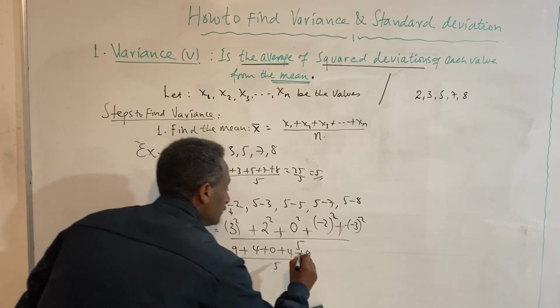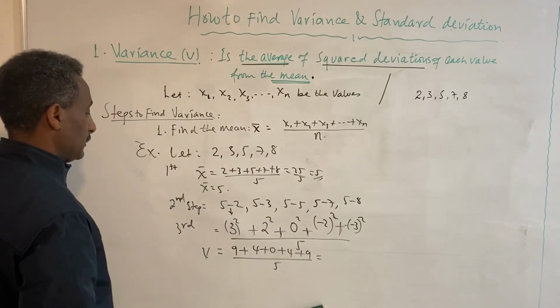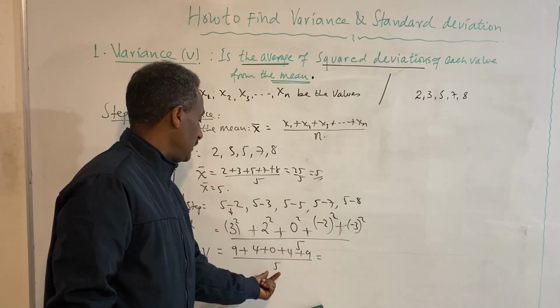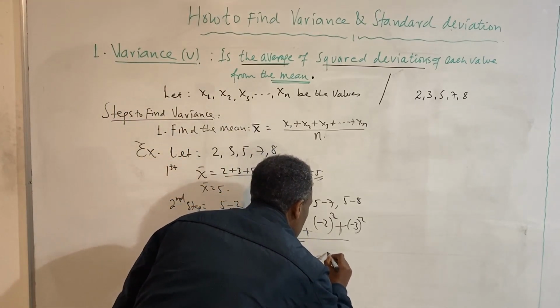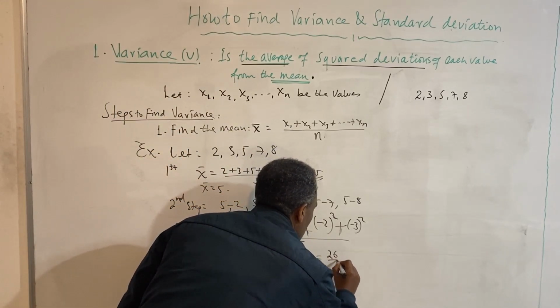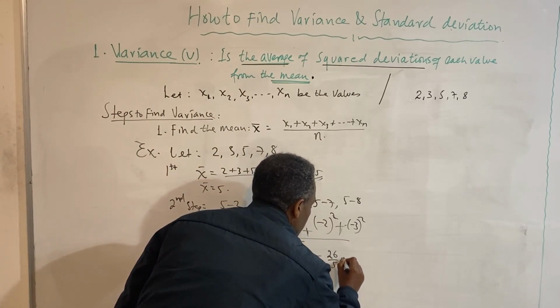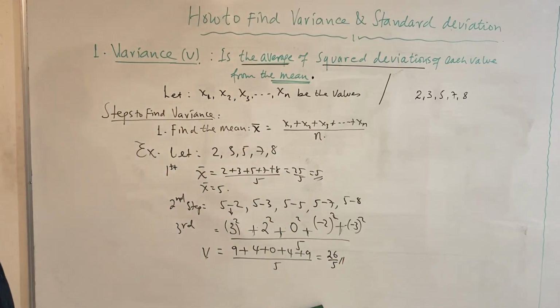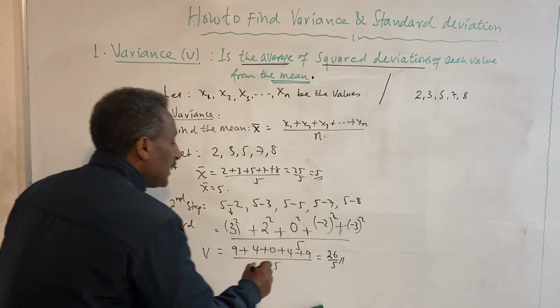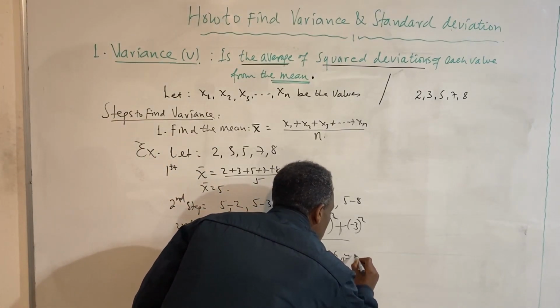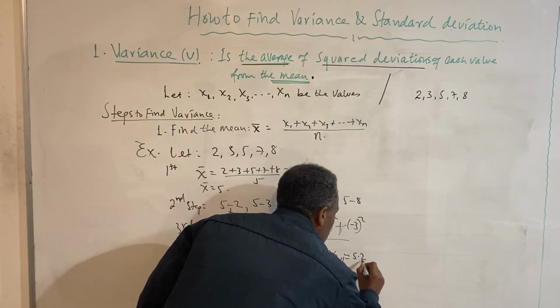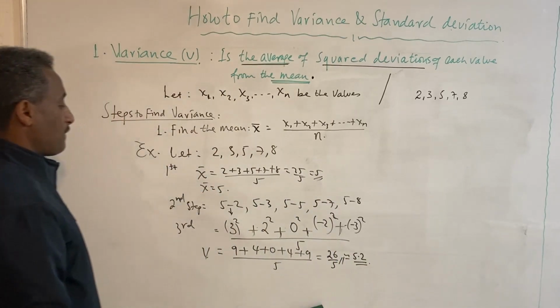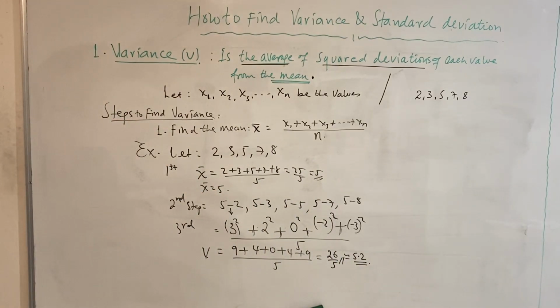That is 13 plus 13 over 5, which is 26 over 5. This is the variance, which is nearly 5.2. Okay. This is the variance.